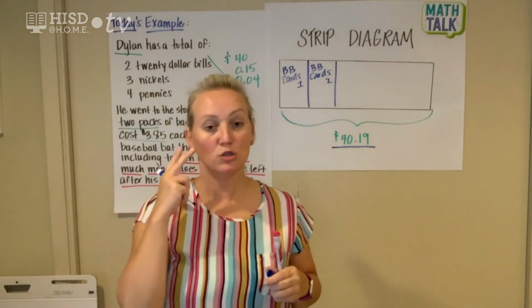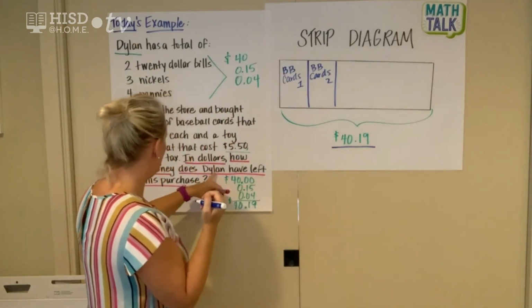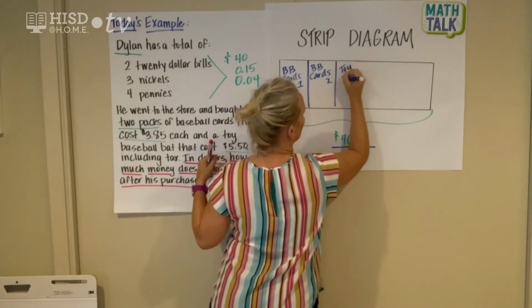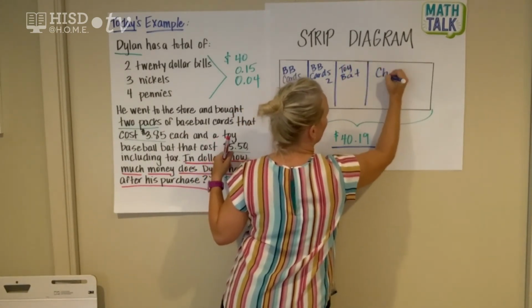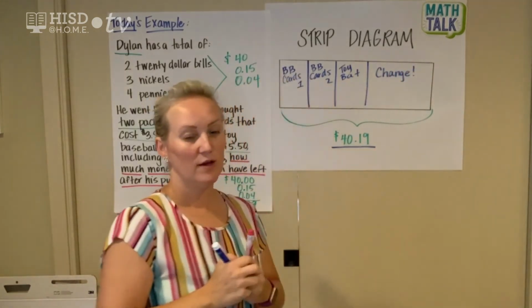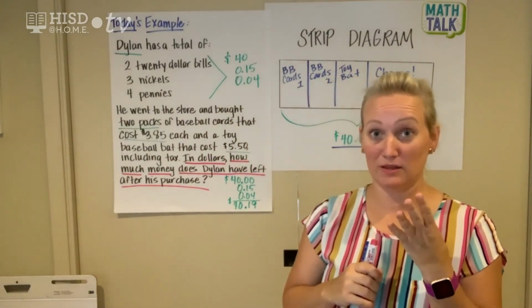Remember, he bought 2 packs of baseball cards. Then he had a baseball bat, a toy bat, and then he had some money left over. I'm gonna put an exclamation point. So he bought 2 packs of baseball cards, a toy bat, and some money left over.